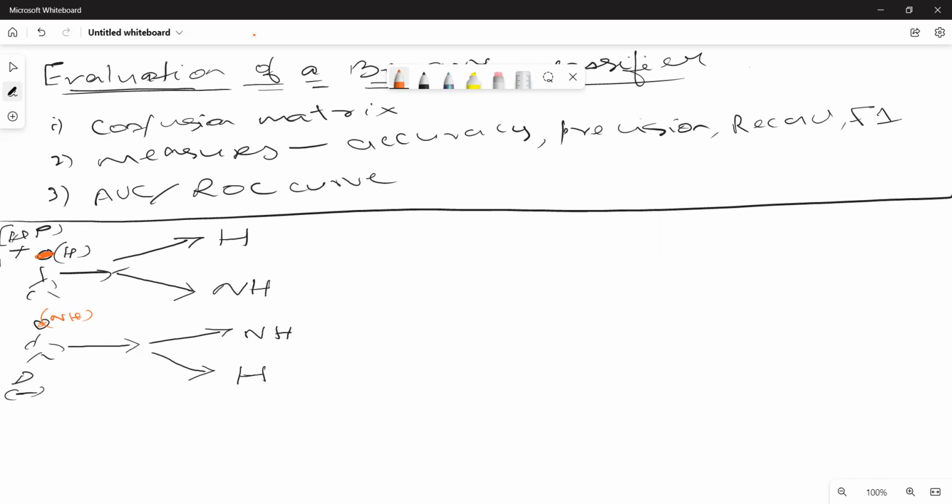Now this healthy person, when he does a test, let us say a blood test for diabetes, you can have two possibilities. The healthy person who does not have any disease, when you do the blood test, will say you are healthy, or the blood test will say you are not healthy. So you can have two outcomes.